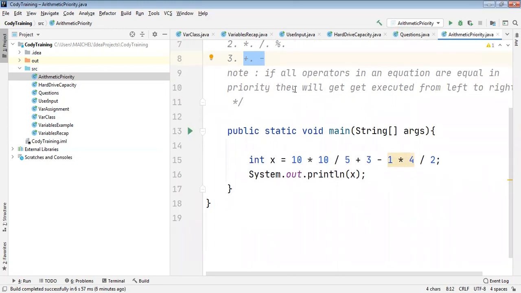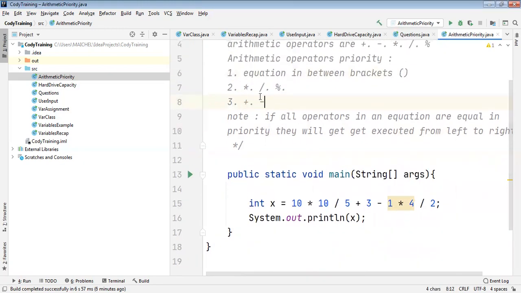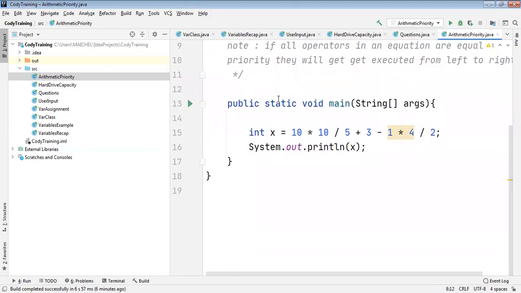If we have an equation with only some plus and some minus signs, they have the same priority. No one of them is higher than the other. So they will get executed in order from left to right. Okay? So these are our rules.